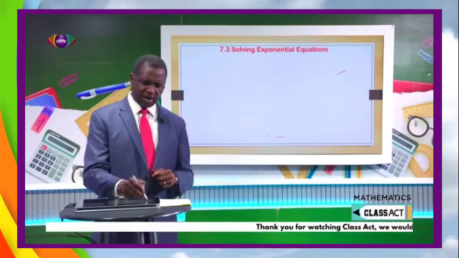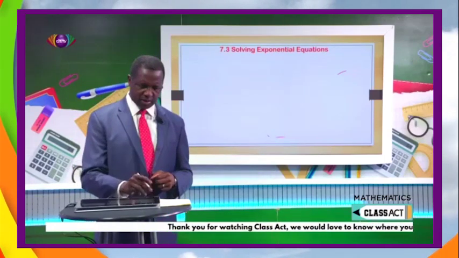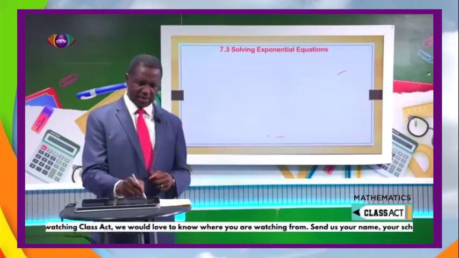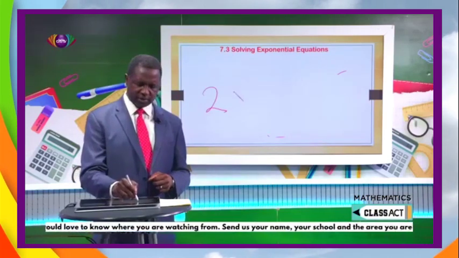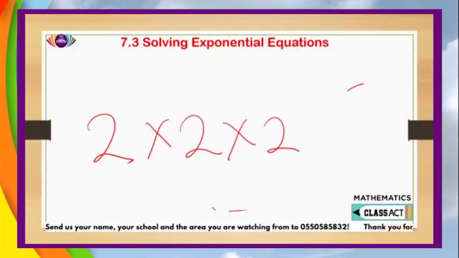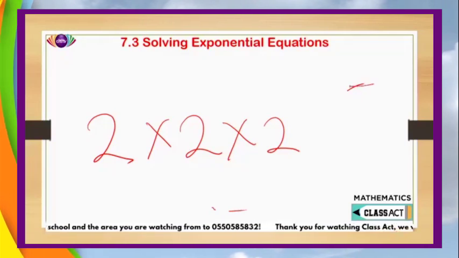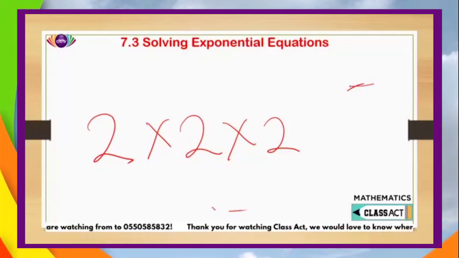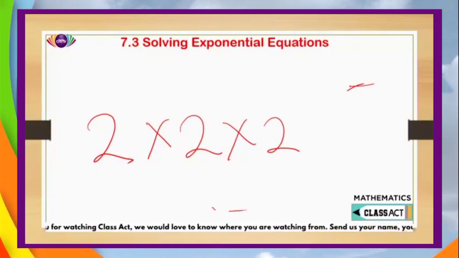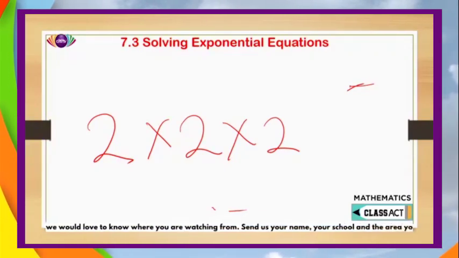If I have 2 times 2 times 2, I can write this as 2 to the power of 3, because I have three 2's.